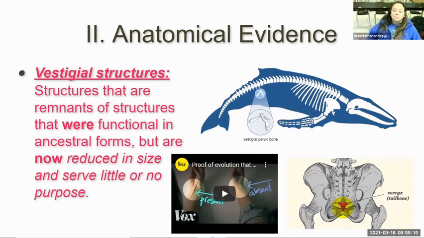They have a pelvic bone. So it's kind of there in that little picture. It's not really attached to anything. And as you may know, your pelvis is what attached to your lower legs and allows you to walk upright, right? So why do whales have a pelvic bone if they don't walk?